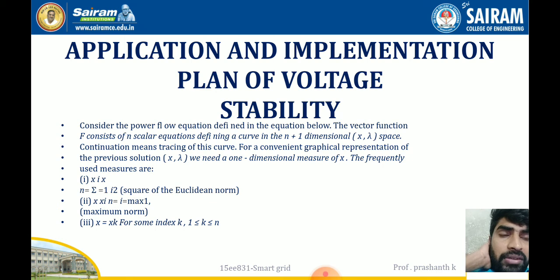We need a one dimensional measure of x, and the frequently used measures are the L2 norm, the square root of the sum from i equal to 1 to n of x_i squared, and the infinity norm, the maximum norm, the maximum of |x_k| for some index k from 1 to n, right?